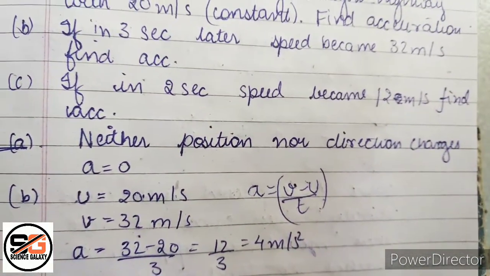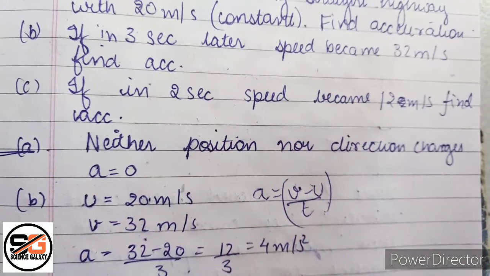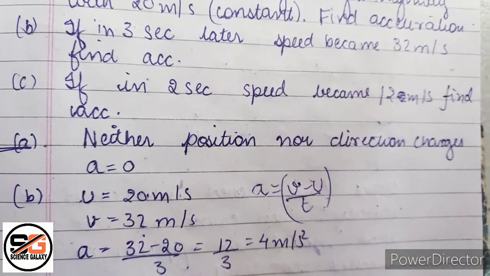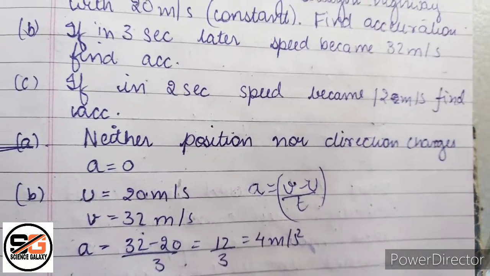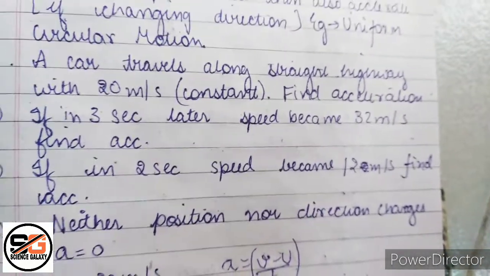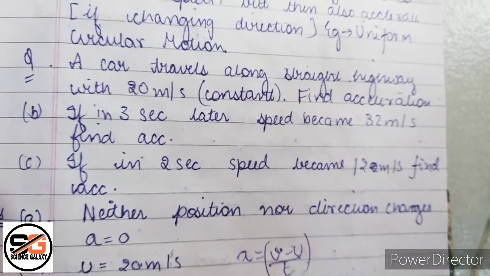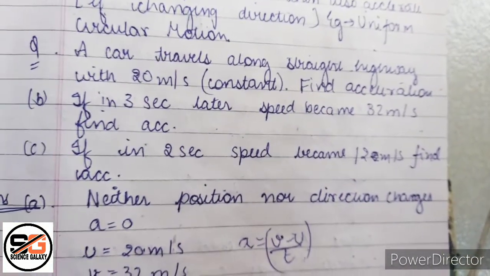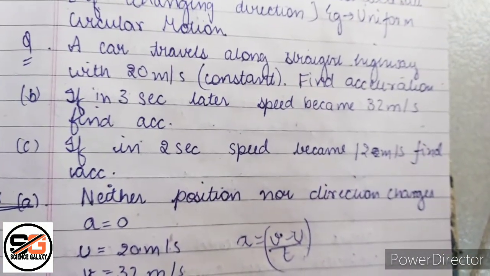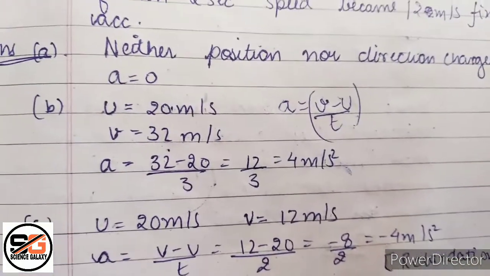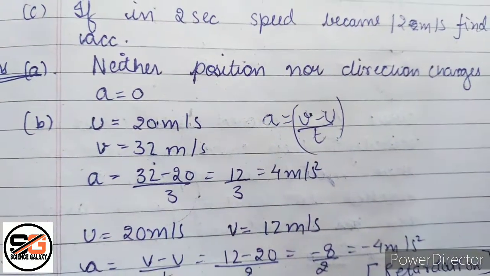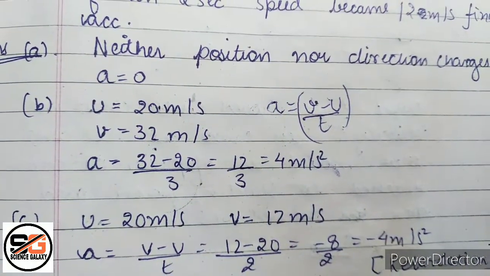Now another part of this question, if in 2 seconds speed became 12 meters per second, find the acceleration. Initially the object was moving with 20 meters per second, so u was 20 meters per second.